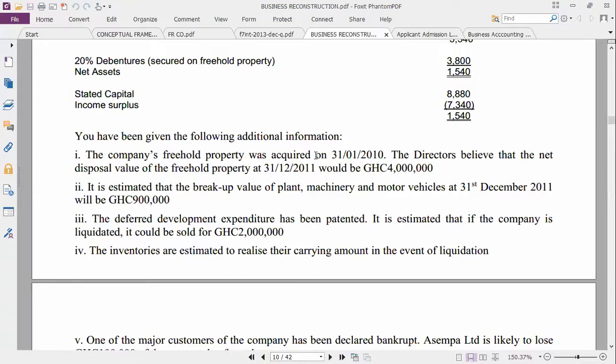Number three, we don't have the recoverable amount. Number four, we don't have the NRV. But finally, we have the net disposal value. So we can pick that one as the going concern value. That is all. But take note, in some questions, it's not like that.